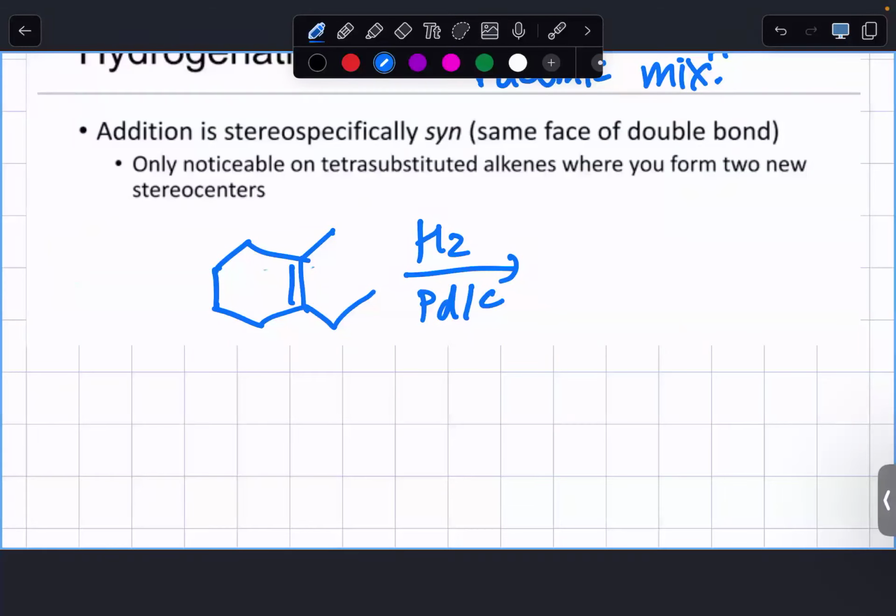Yeah, it would form two stereocenters. And how many products would we get here? Let's say two, right?